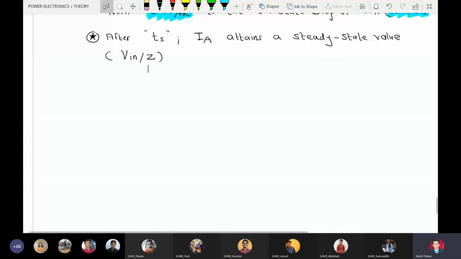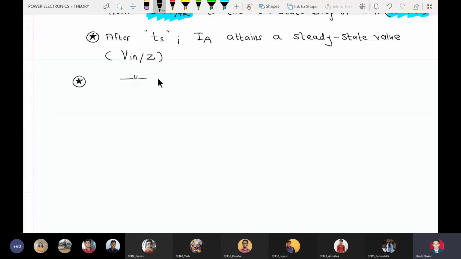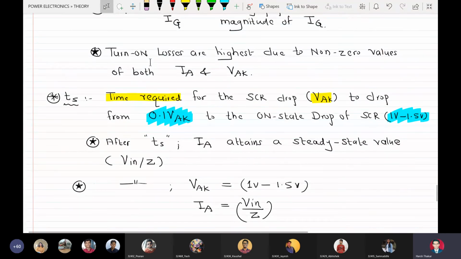So after TS, VAK is equal to 1 volt to 1.5 volt, and the anode current has stabilized to V in upon Z value.